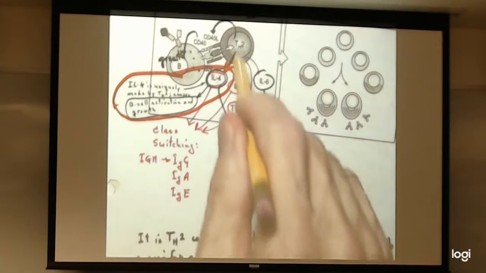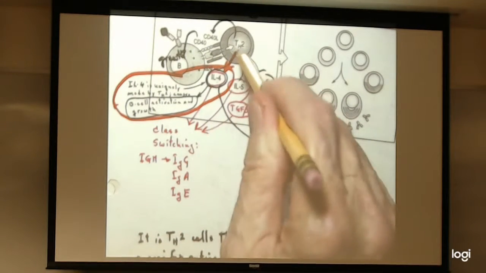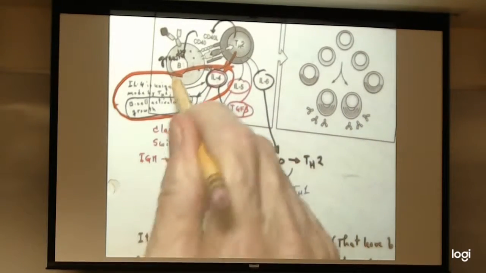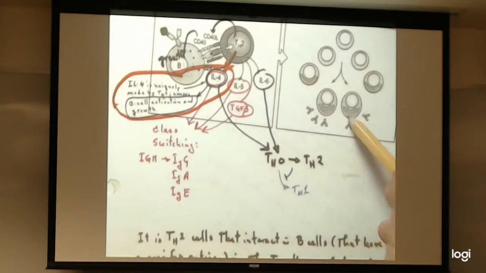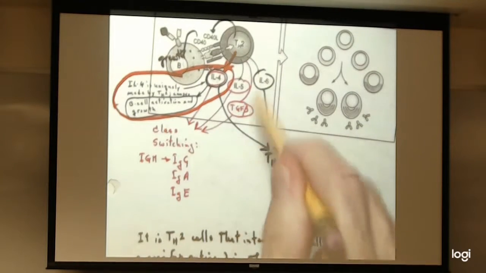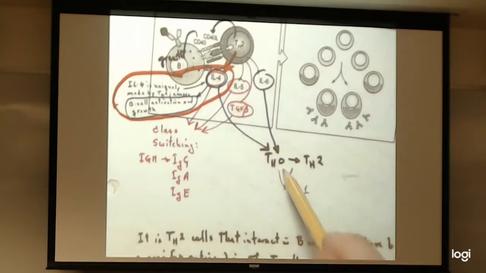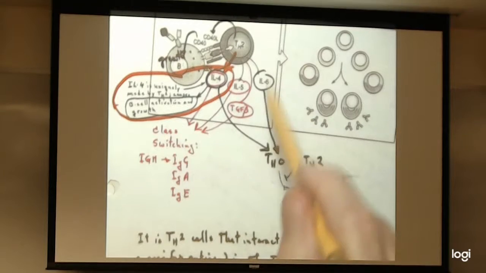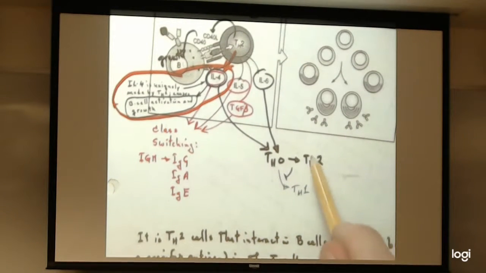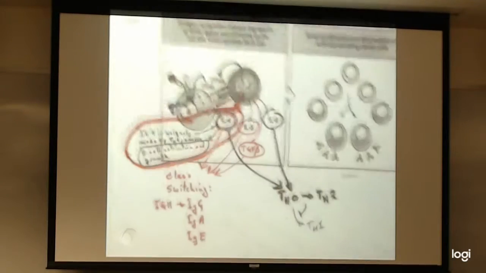But the T helper 2 cell is now signaling this B cell not just to become a plasma cell, but to become a plasma cell secreting IgG or IgA or whatever. And then IL-4 and IL-6 are involved in making other T cells go into the T helper 2 pathway and block the T helper 1 pathway.